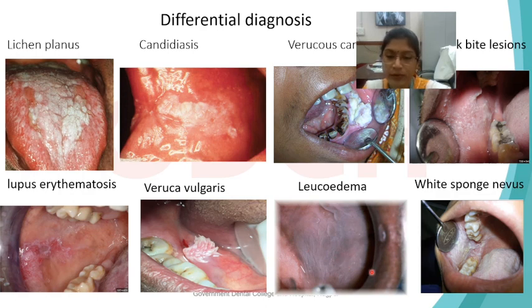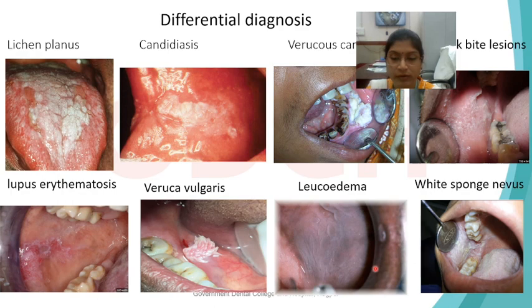This is an example of leukoedema. This is the buccal mucosa showing an opalescent pale hue of whitish area. Leukoedema is basically an anatomical variation which is very commonly seen in heavy smokers and in the black population.